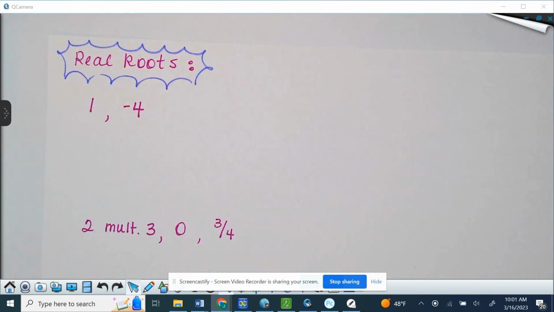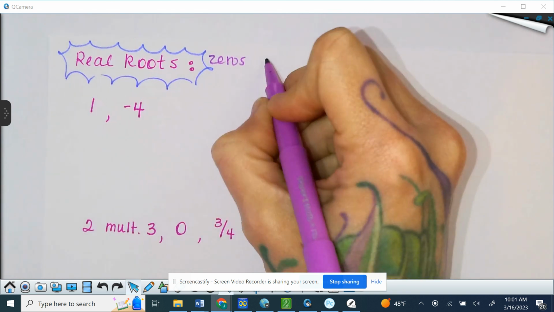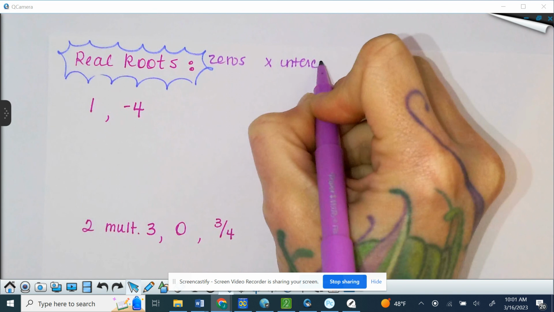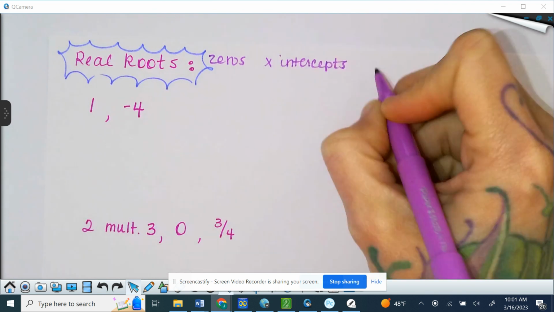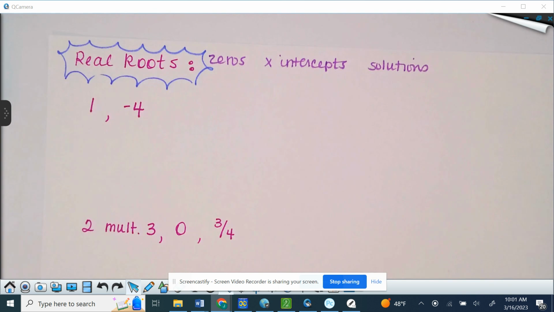Real roots, remember, is the same thing as zeros, the same thing as x-intercepts, and the same thing as solutions. The word solutions doesn't play as much role anymore, but back in Math 1 and Math 2, when you were doing solutions to quadratics and things of that nature, it's the same thing.